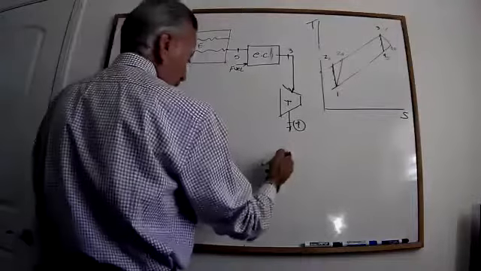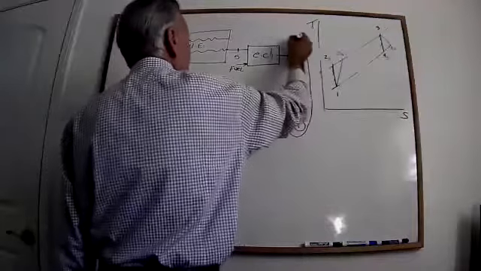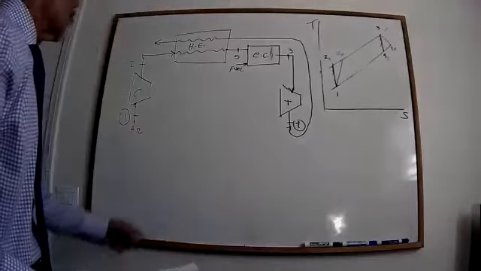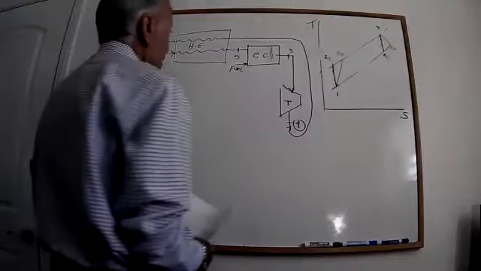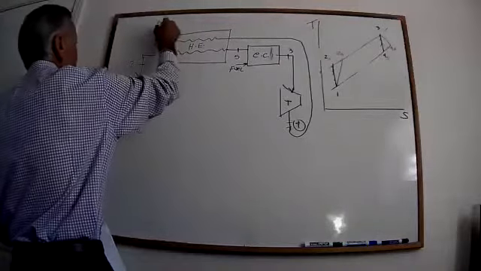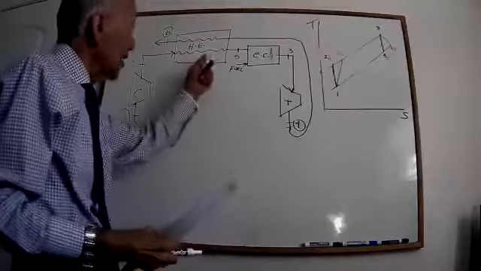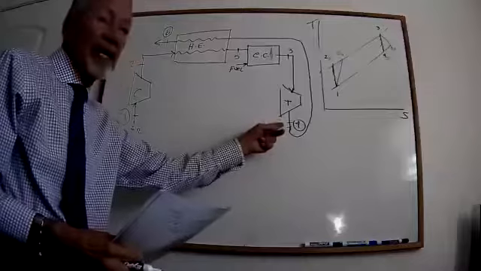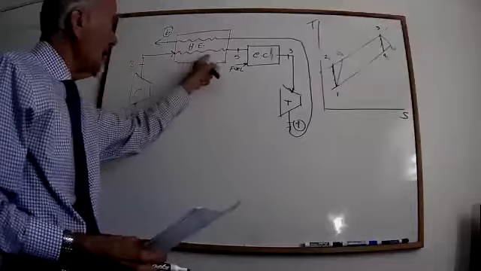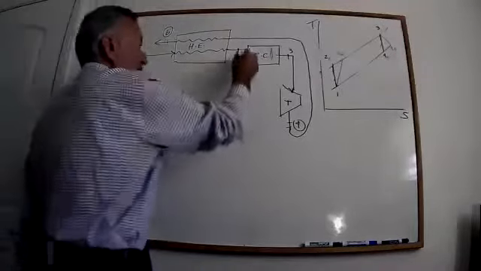Now, instead of exhausting this at point 4, I take this and bring it up to this heat exchanger. What I'm actually doing at point 6 is recovering the heat from the turbine exhaust and preheating the air before it goes to the combustion chamber.